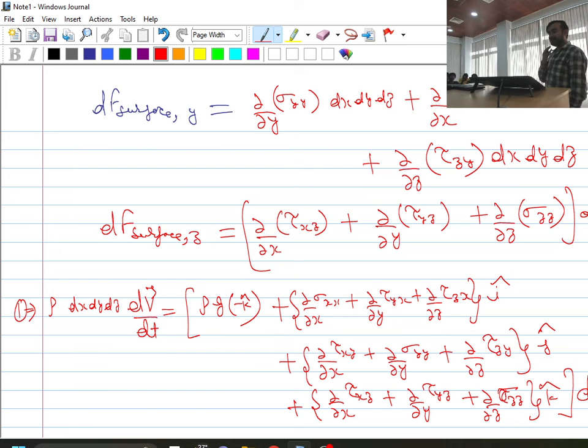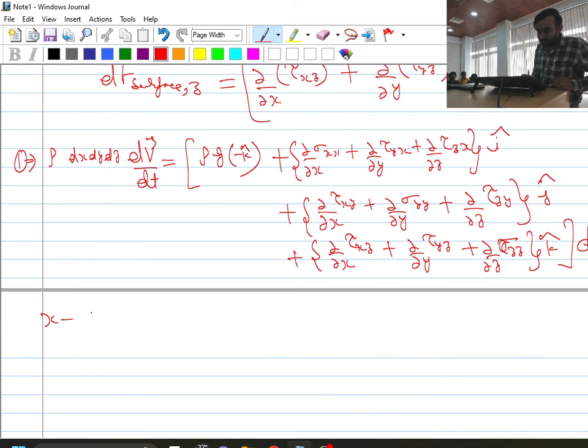So dx dy dz will cancel out, and whatever terms remain make a vector equation, and this vector equation is our momentum equation. Now of course I can also write this vector equation component-wise. If I take all the i cap terms together, j cap terms together and k cap terms together, it becomes a simple component-wise equation. So let me now write the component-wise form. Next I will write the x momentum equation.